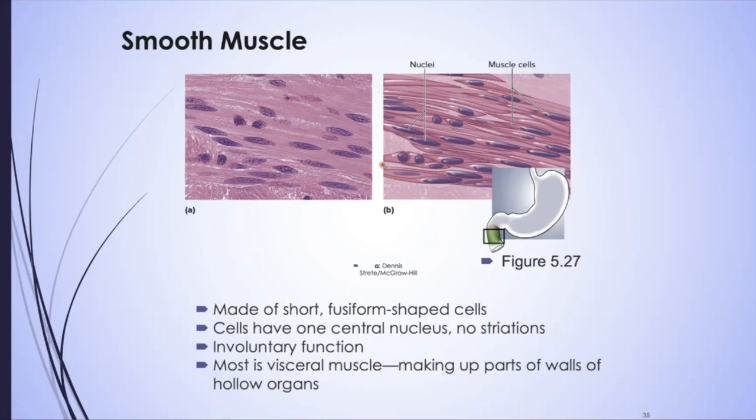So that's a dead giveaway for smooth muscle. No striations, tapers at the end, has one central nucleus, right? Involuntary functions. This is going to make up your visceral workings of the walls of your hollow organs. This is showing you your small intestine. Your blood vessels are made up of smooth muscle also.